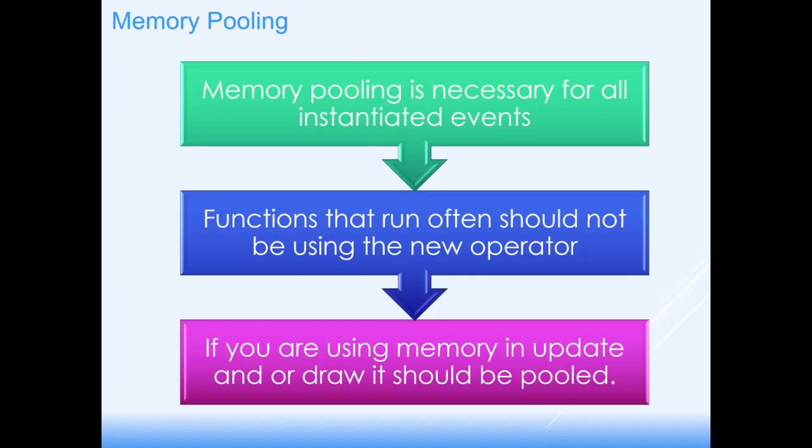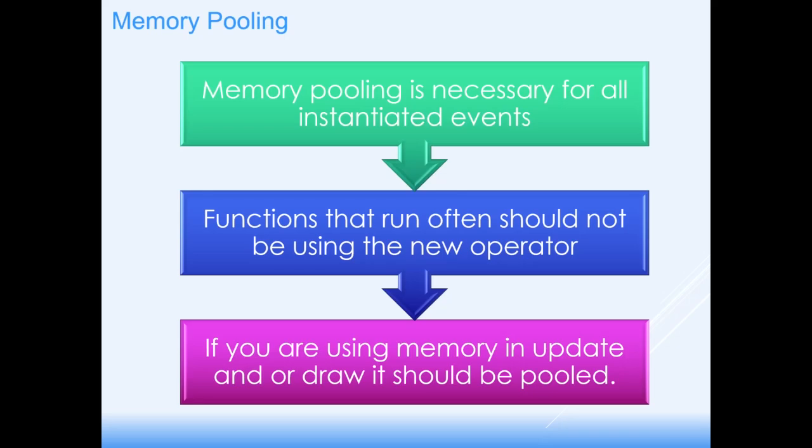Okay, so anything that you instantiate off the heap, that goes on memory that your application or set of instructions has access to, you should reduce as much as possible anytime you use the new operator.